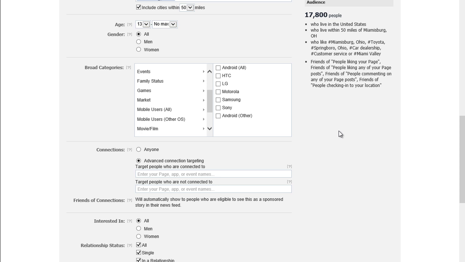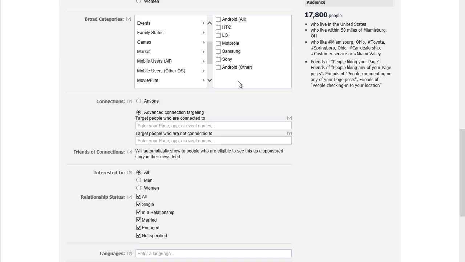We'll explain what these mean. In particular, here's what you'll notice. There are some advanced connection targeting options. You can literally target people who are connected to other people. You can target people who are not connected to other people. You can target people who probably like a page or a specific app or an event.